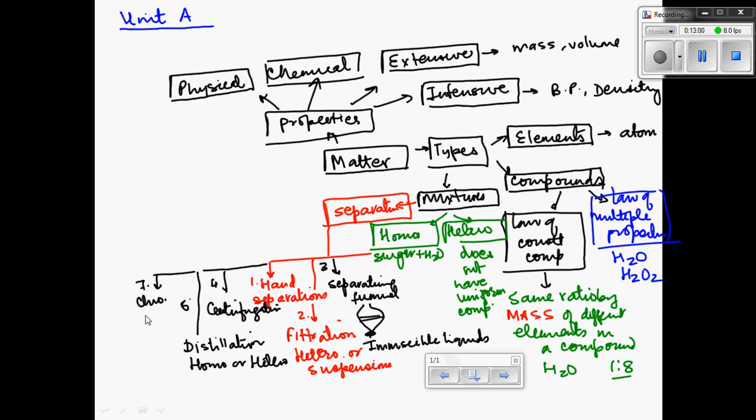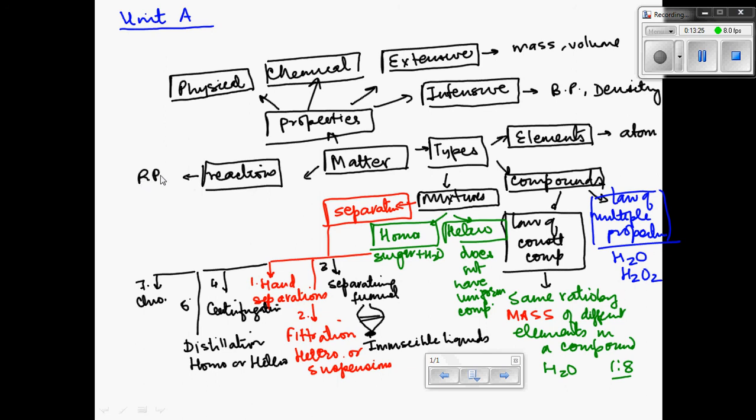Now moving on to compounds. Actually, let me go back up a little bit. So matter also gives you various reactions. Now reactions, this is veering a little bit towards chapter 2. For reactions, we need reaction prediction.